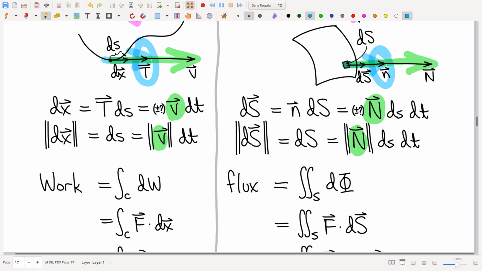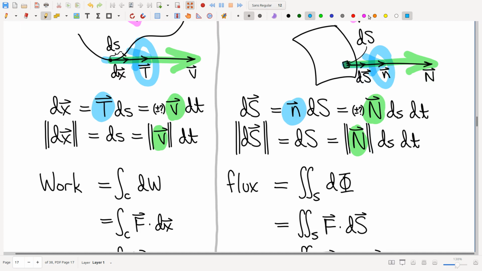Both of them describe the orientations. Now, geometrically different. The unit tangent vector tells you which is the correct direction along the curve. The unit normal tells you what is the correct direction through the surface. Geometrically different, but both of them are telling you the orientation relevant to that geometric object. And again, both of them show up analogously in the algebra.